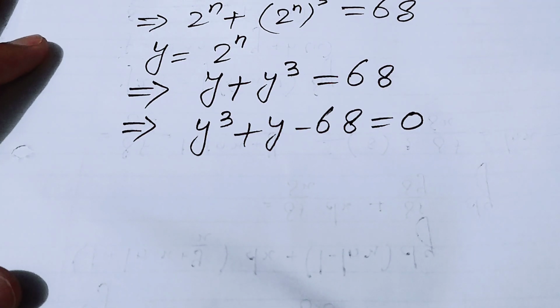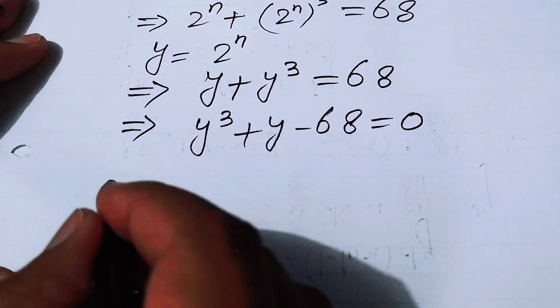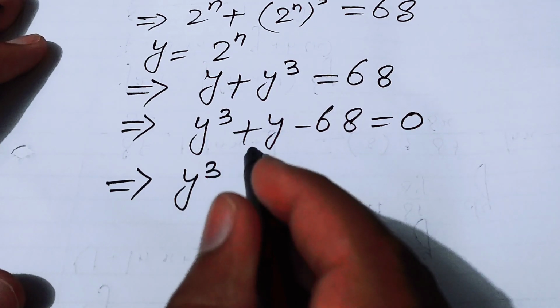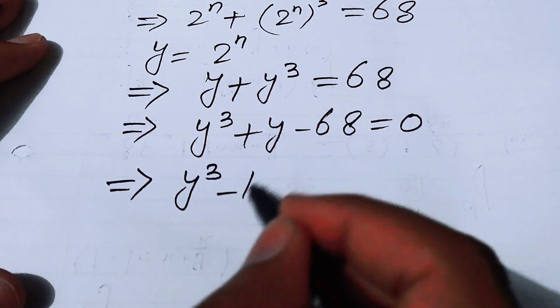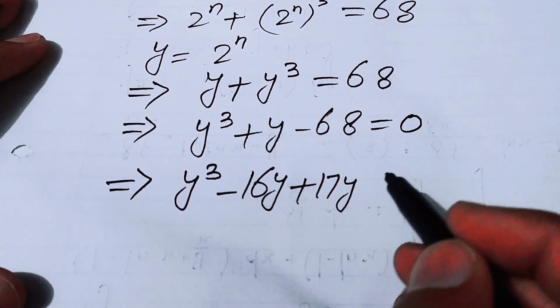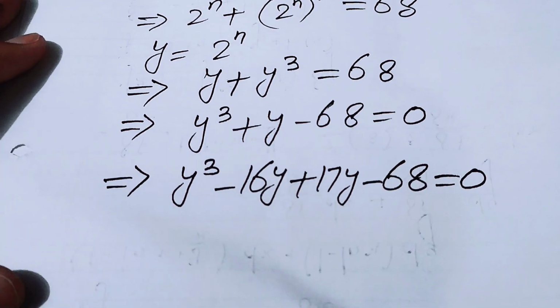Here we need two numbers whose product is minus 68 and whose sum is plus 1, so in order to find the factors I can write this plus y as minus 16y plus 17y and minus 68 is equal to 0.